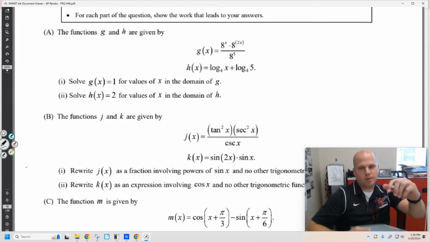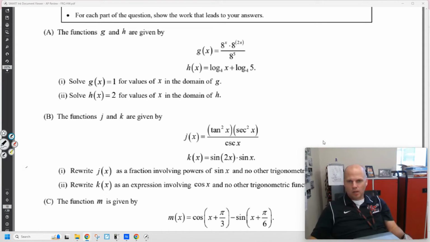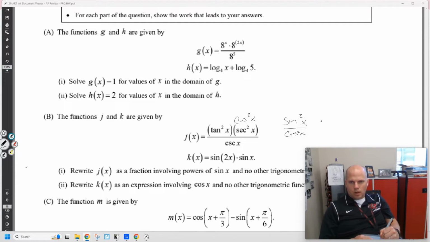I didn't delete my video, but I've combined two videos now. Yeah, I think this needs to be cosine squared. I think what happens is you do sine squared over cosine squared, and then you're multiplying that by cosine squared, and then you're multiplying by sine x. And the cosine squareds go away, and it becomes sine x cubed. I think this was wrong, so it is.